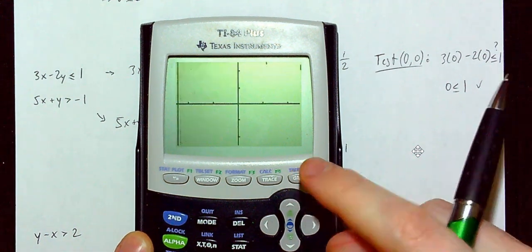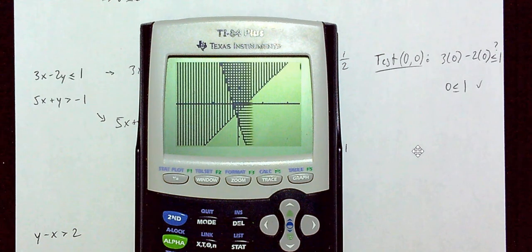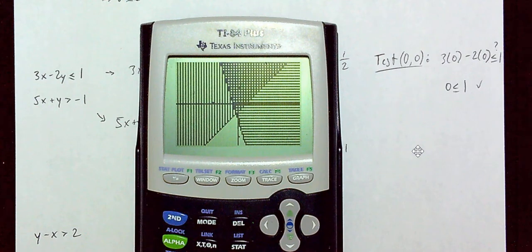Now, if I graph these things, this is graphing everything above our first line, and then that's graphing everything above our second line. So, what does the solution to the system of two inequalities in two variables look like here? We said that a solution to a system of linear inequalities is an ordered pair that satisfies both inequalities individually yet simultaneously.